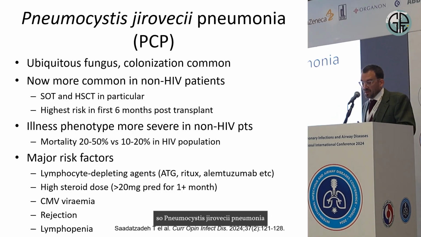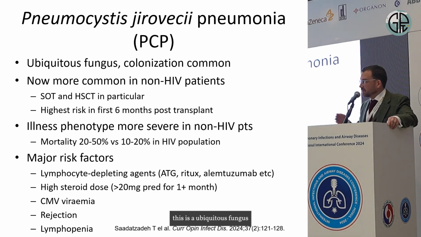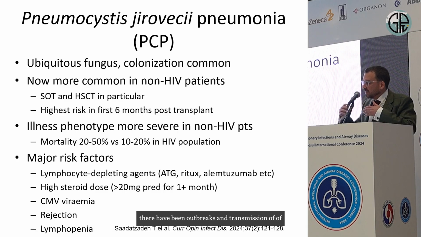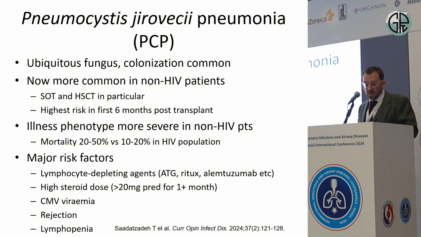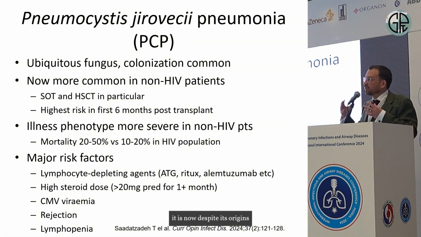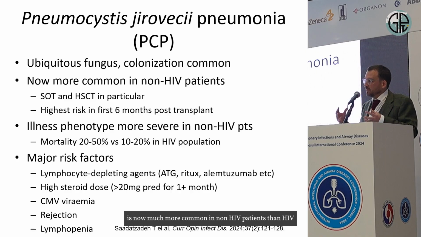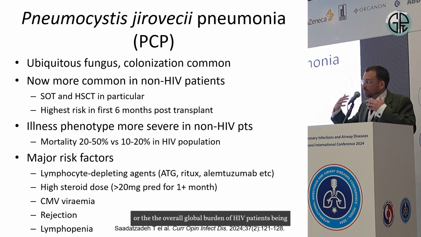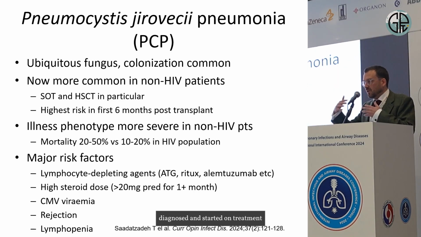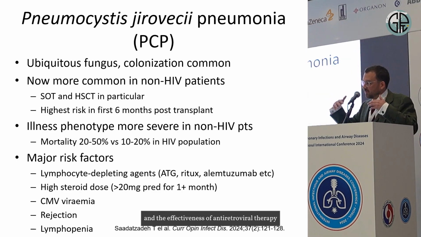So, Pneumocystis jirovecii pneumonia. This is a ubiquitous fungus, which we are commonly colonized with, and we do see that there have been outbreaks and transmission of pneumocystis in healthcare settings. Despite its origins, it is now much more common in non-HIV patients than HIV patients, and some of that is probably to do with the overall global burden of HIV patients being diagnosed and started on treatment and the effectiveness of antiretroviral therapy.